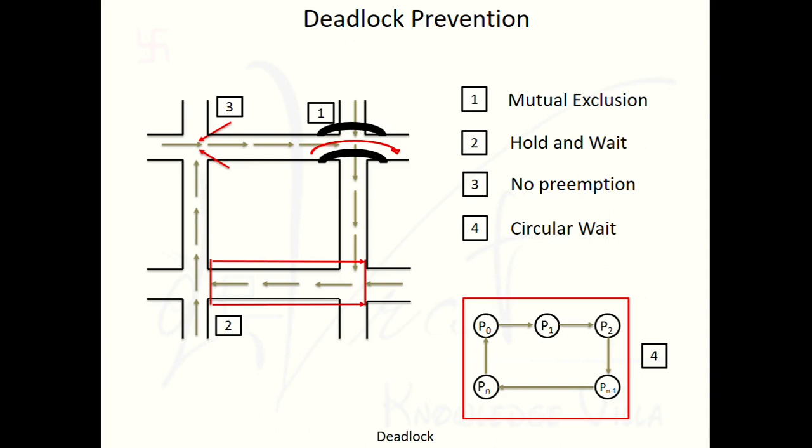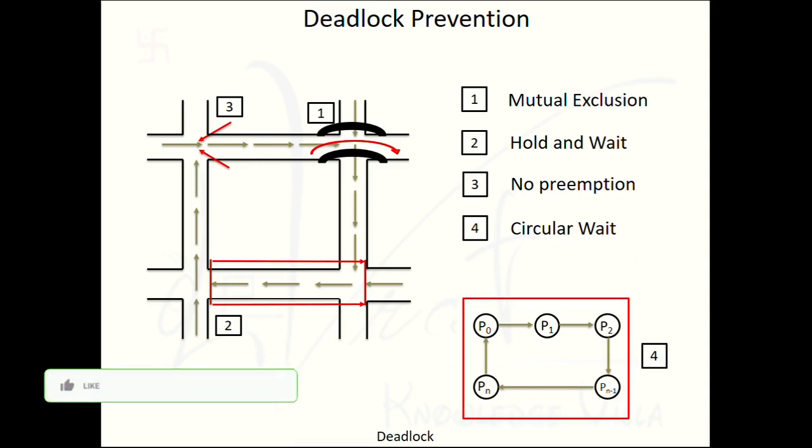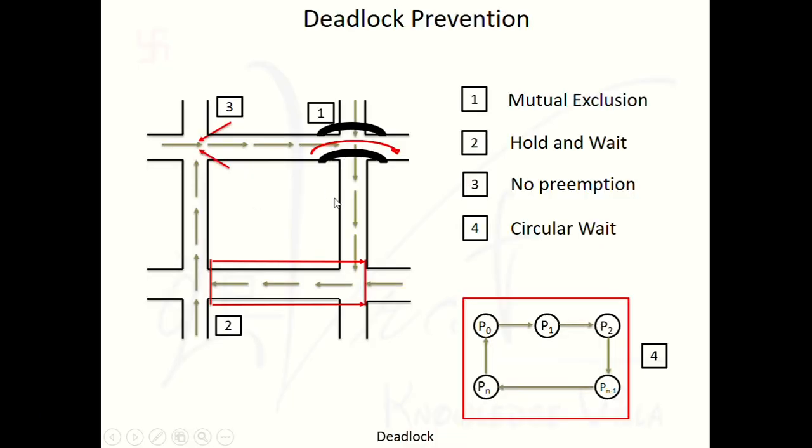In short, deadlock builds on these 4 basic pillars. If we are able to crack any one of these 4 pillars, we can easily prevent the system from deadlock.